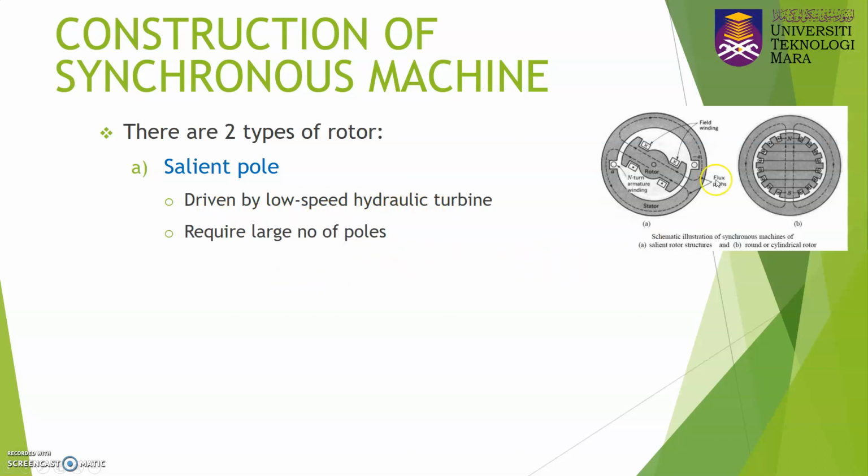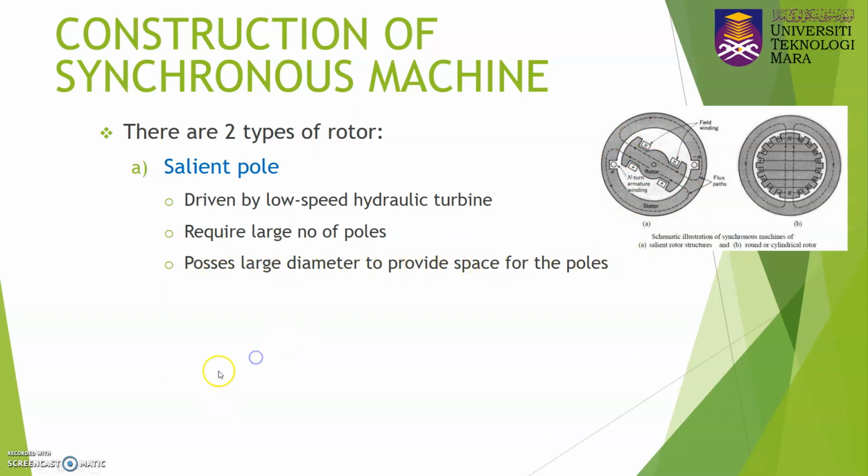This type of synchronous machine requires a large number of poles, and due to the shape of the rotor, it possesses a large diameter to provide the space for the poles.